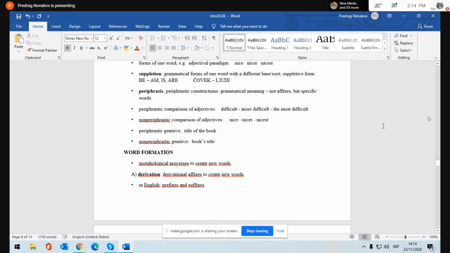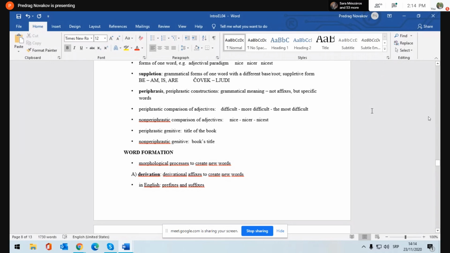The second thing we have to explain is periphrasis. Periphrastic constructions: we have a grammatical meaning, but we do not express it by using affixes; we use specific separate words. This is periphrastic, for example, in the comparison of adjectives.